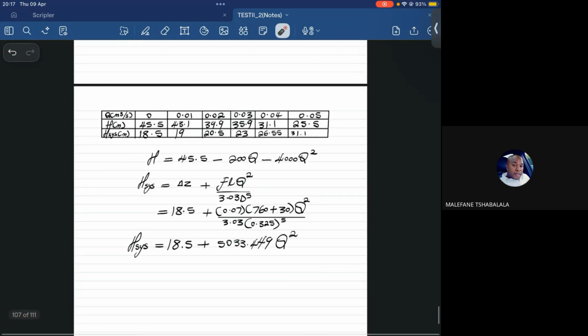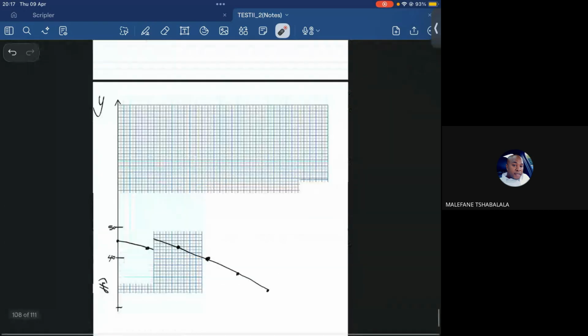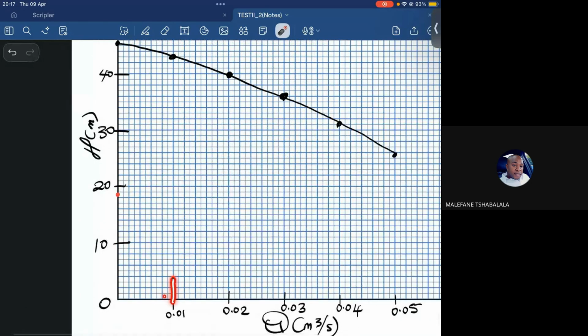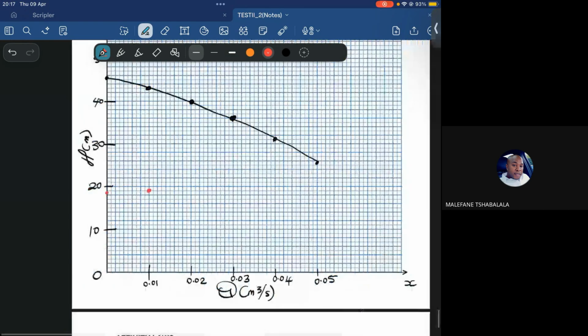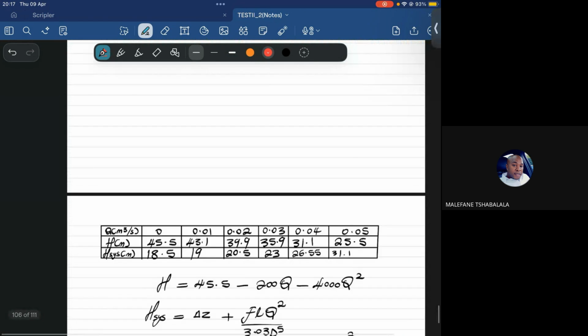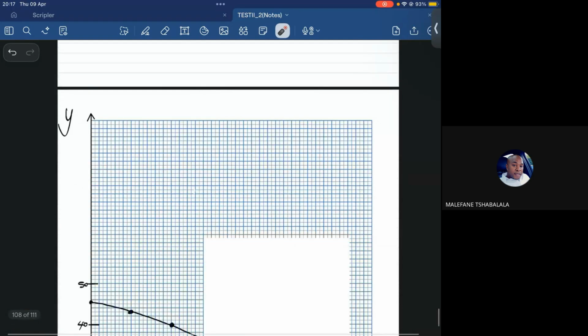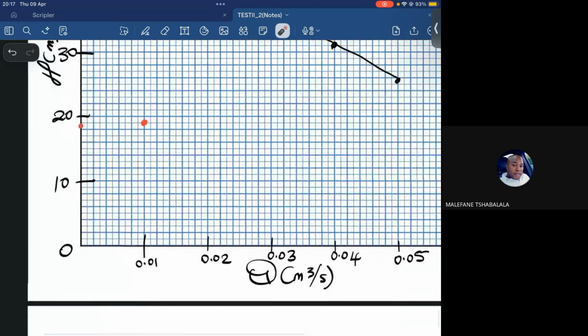Next, we have 0.01 and 19. So that is 0.01, then 19 is here. Followed by 0.02 and 20.5. 20.5 is in between 20 and 21.